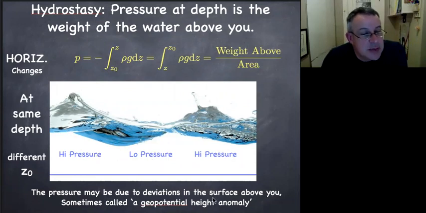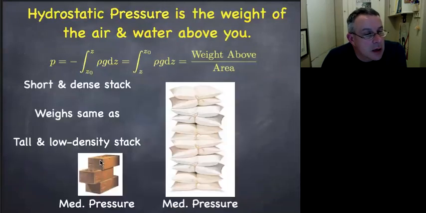Sometimes this is called a geopotential height anomaly, where the height of a geopotential surface goes up and down and up and down, which makes a pressure field below it. Okay, but we could put those two together and have a medium pressure underneath a tall, low density stack, which weighs the same as a short and dense stack.